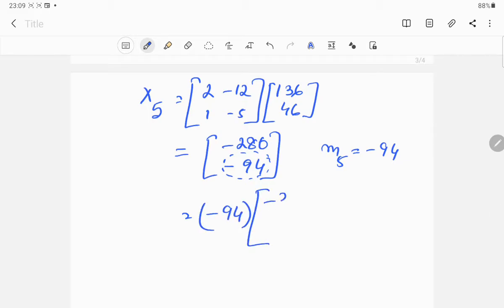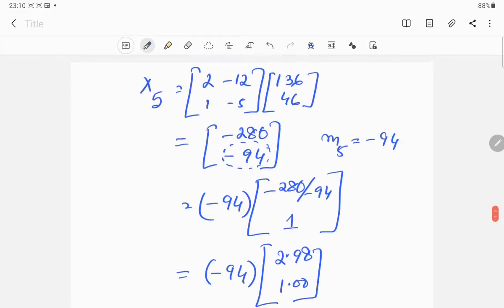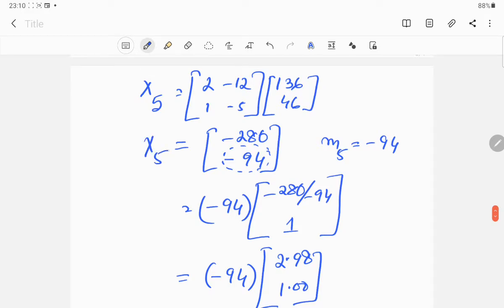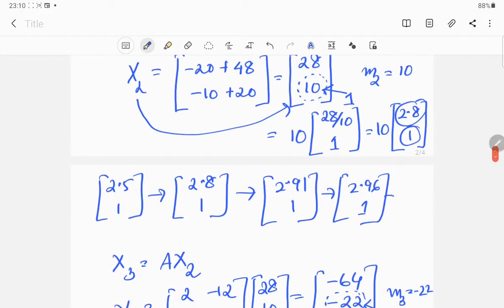So it is -280 by -94, and this is 1. So it is around 2.98100. Okay, so this is our x5. In the fifth stage it was 2.98, so we went up to 2.98100.